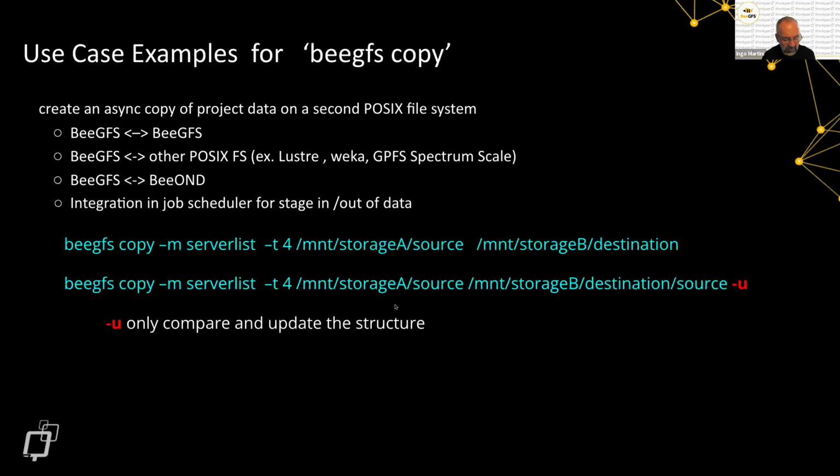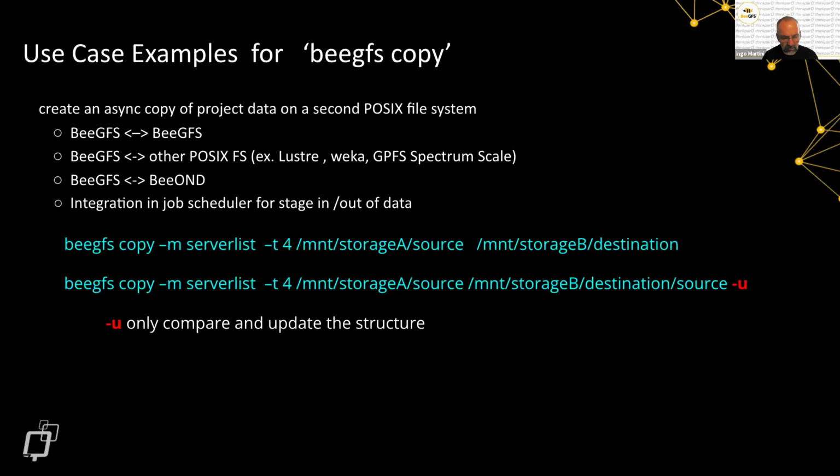But this can also run between different file systems, so BeeGFS to Lustre or Weka or GPFS or whatever can be done. And it's also an idea to use it together with BeeOND if you have a dynamically created BeeGFS on demand file system for Scratch on your HPC cluster, on your compute nodes.